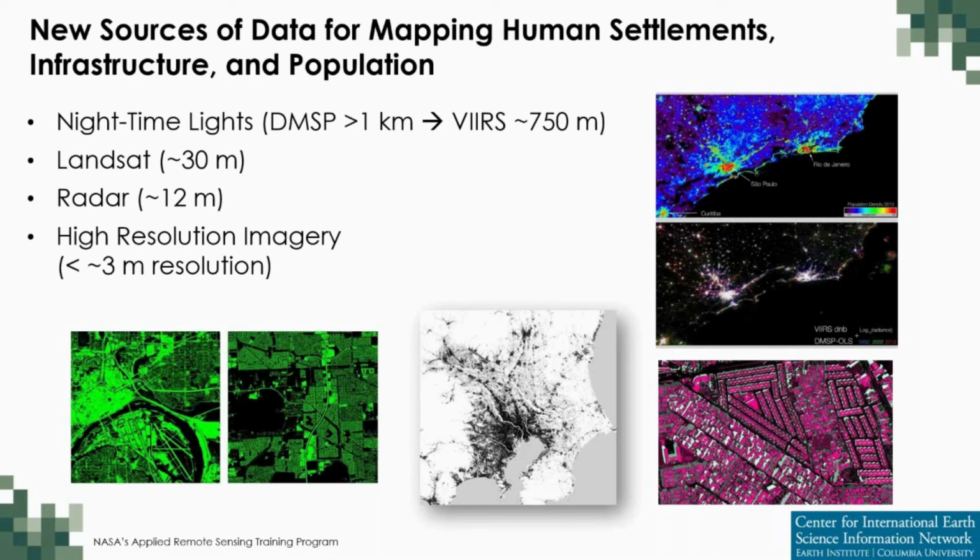So with Landsat, we had 30-meter resolution data with radar on the order of 12 meters. And then, of course, commercial sources of satellite imagery with 3-meter or even under 1-meter resolution. And these allow people to understand where buildings are and associate population with those buildings.